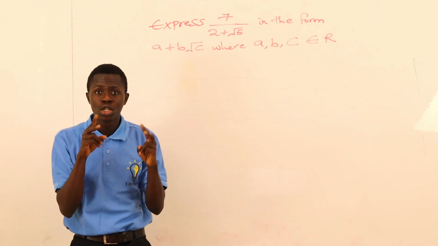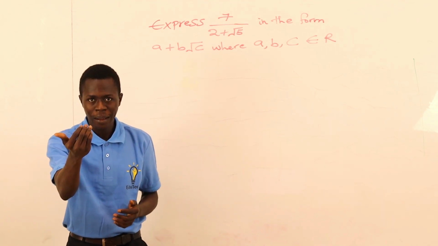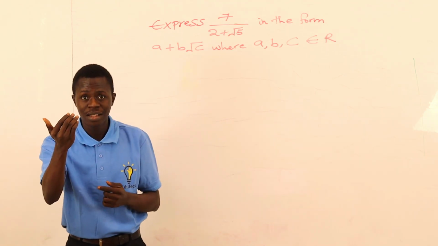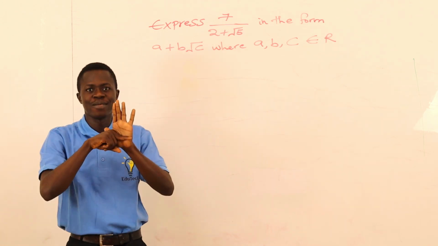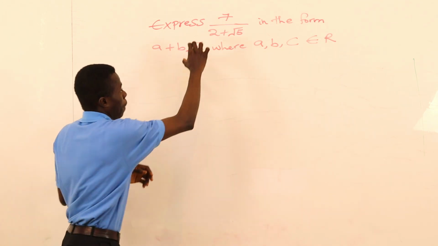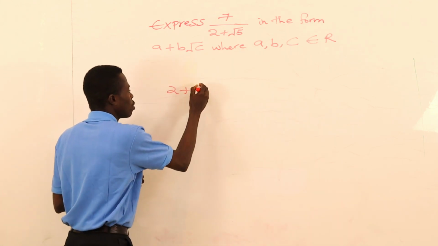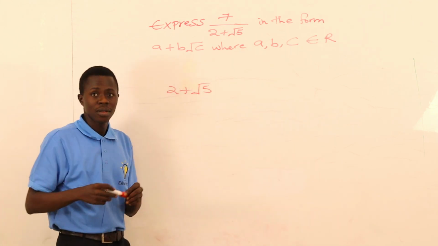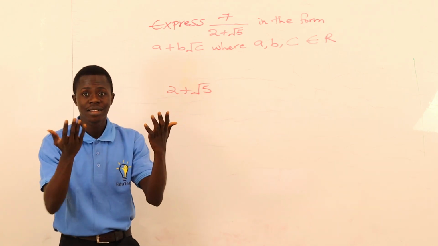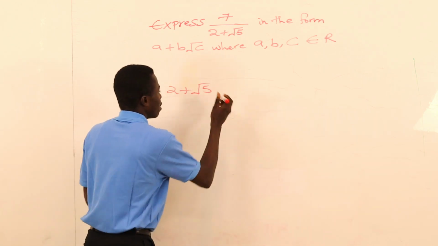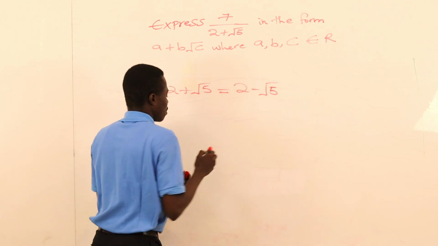So when we see positive or plus, what will be the conjugate? Yes, negative. So this means that we write our denominator, 2 plus square root of 5, and then we find its conjugate, which is 2 minus square root of 5.